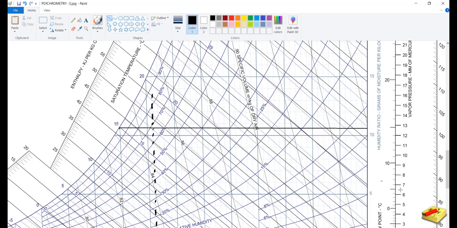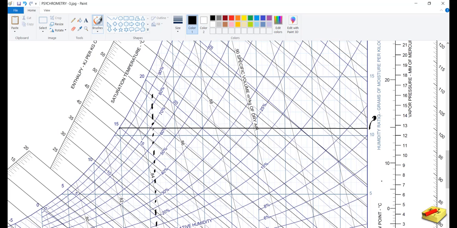So we have the humidity, which is the ratio, in units of grams of moisture. Maybe we can assume this is 10, so that is almost halfway.